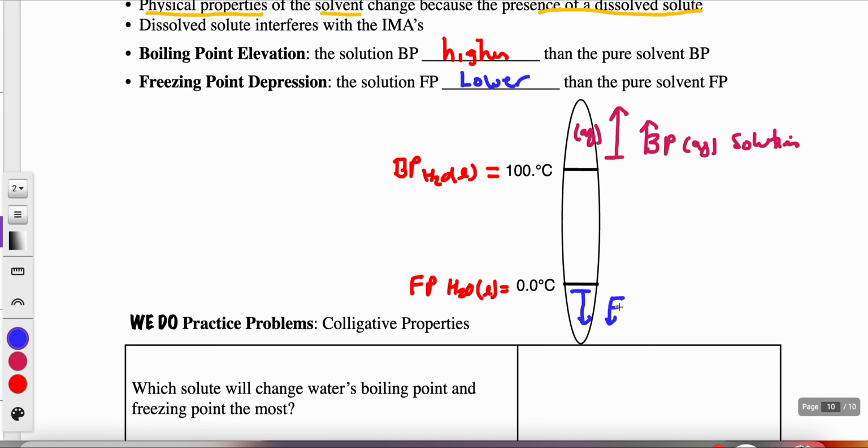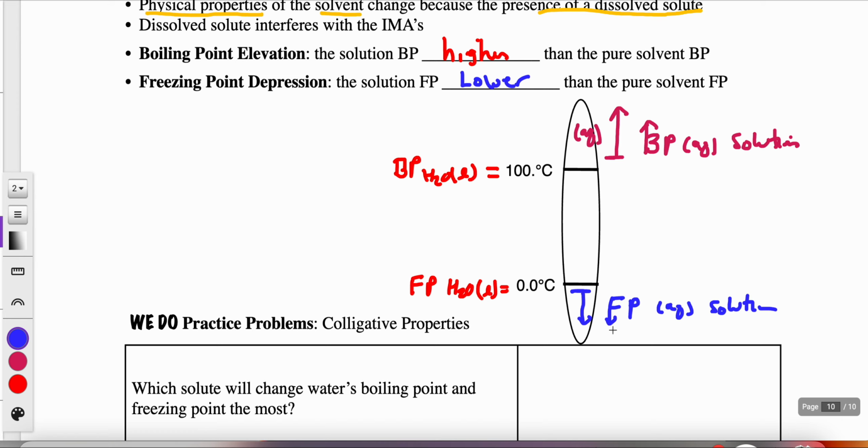I like to make the F with a little down arrow. So the freezing point of our aqueous solution will be less than 0 degrees Celsius. It'll be a negative temperature. So boiling point elevation, we go above the solvent's normal boiling point. Freezing point depression, the solution freezes at a temperature lower than the normal freezing point.